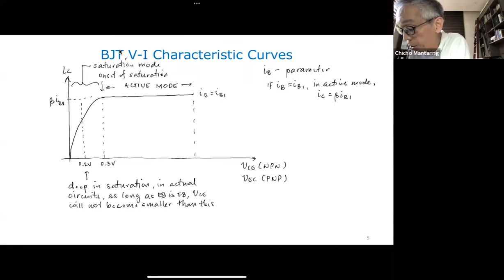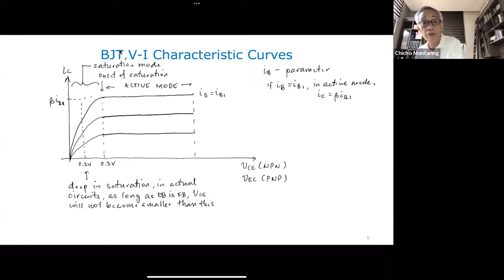So that probably is one curve. You'll have another curve this way. Okay. Another curve this way. So this corresponds to different values of IB. So this is IB equal to IB2. This is IB equal to IB3. In this particular case, you have IB1 would be greater than IB2, would be greater than IB3. And in all instances, in the active mode, your current is just equal to beta times IB.